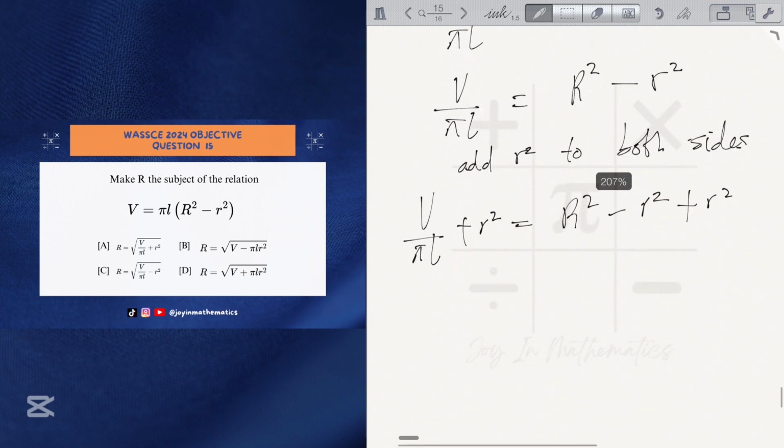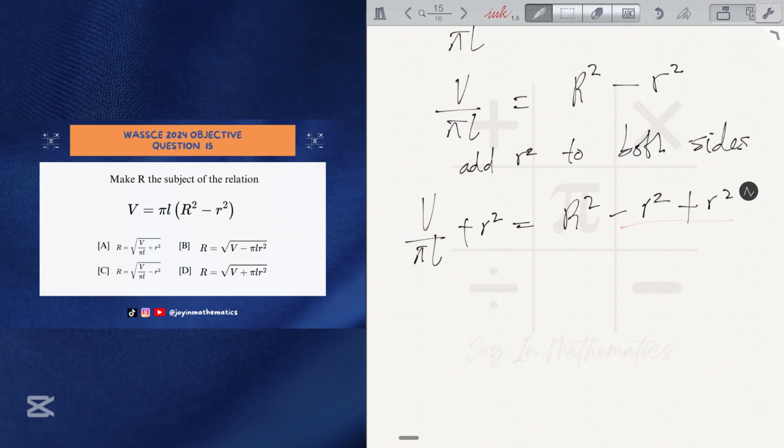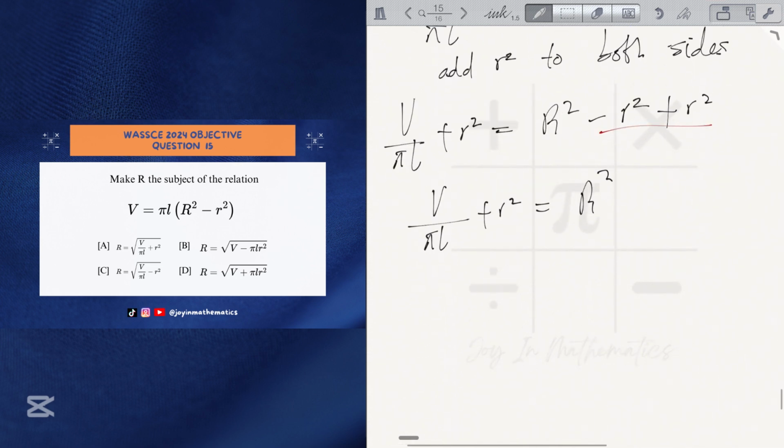Now with this, we know that this will nullify to give us 0, and therefore we'll be left with V divided by pi L plus small r squared is equals to big R squared. Remember, we want to make big R subject of formula.